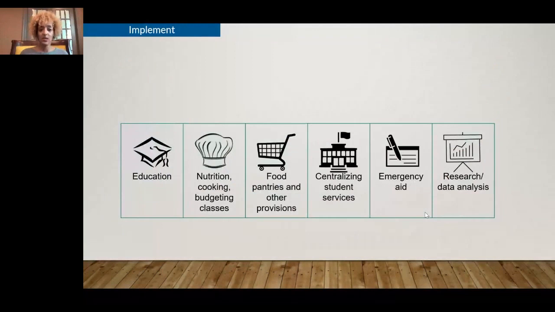Once we have done planning, we move into the implement phase. We've gotten some funds to do some planning and some of the implementation. These are some of the things individuals are already doing on campuses, some of the strategies that people have implemented.